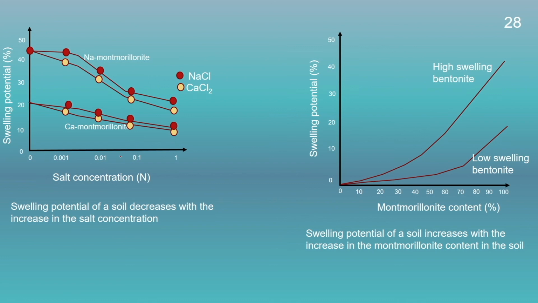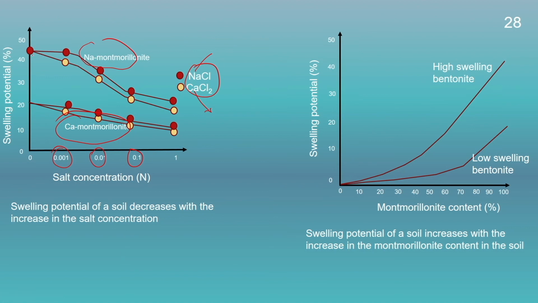Here we could see the effect of salt concentration and the type of salt, say for example, whether it is monovalent or divalent, on different montmorillonites. In this case, two different montmorillonites, sodium montmorillonite and calcium montmorillonite, have been taken, and studied at different salt concentrations for two different salts to see their swelling behavior.